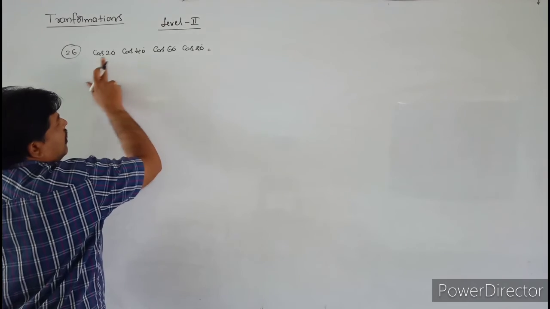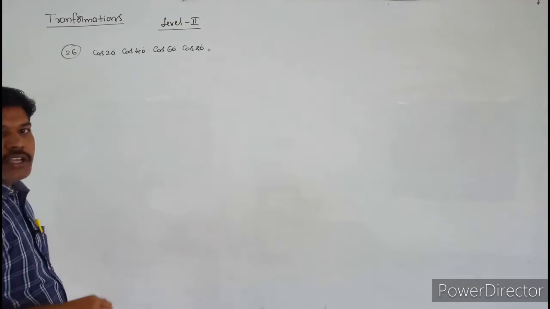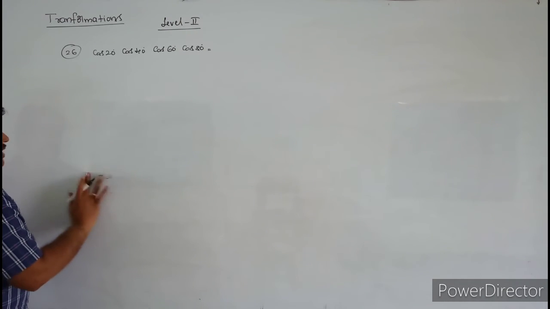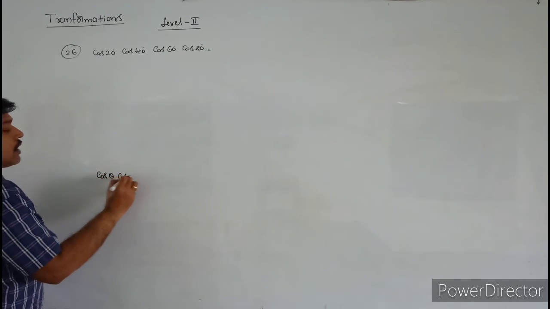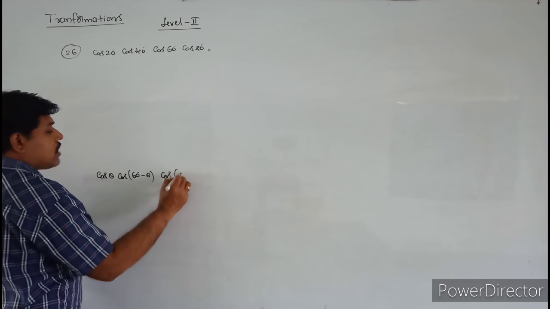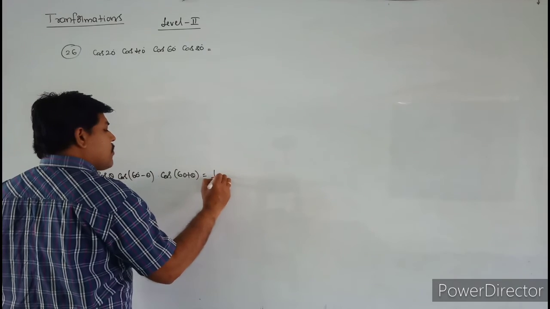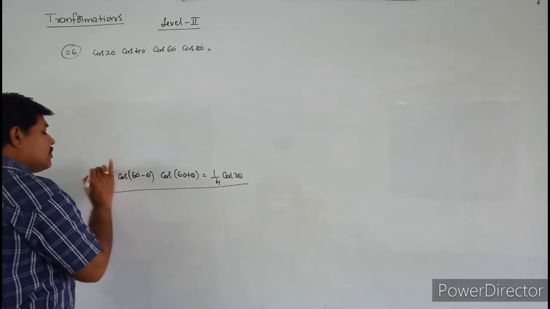So we have cos theta, cos of 60 minus theta, cos of 60 plus theta. What is the formula, students? Can anyone tell the formula? Cos theta, cos of 60 minus theta into cos of 60 plus theta becomes 1 by 4 into cos 3 theta.